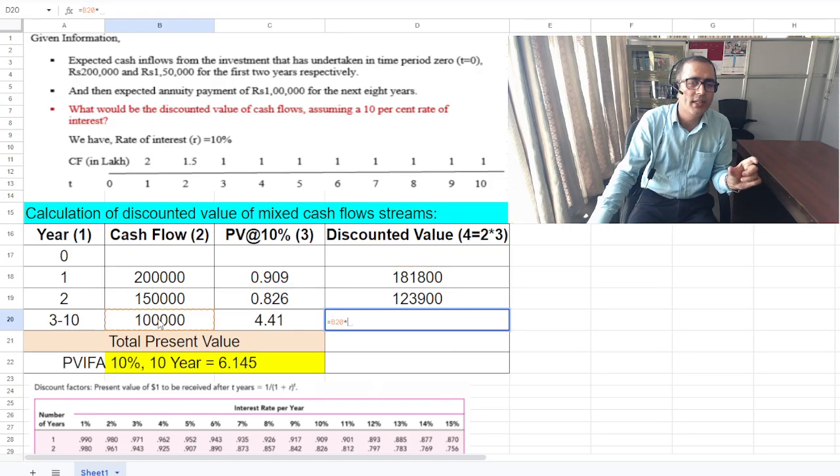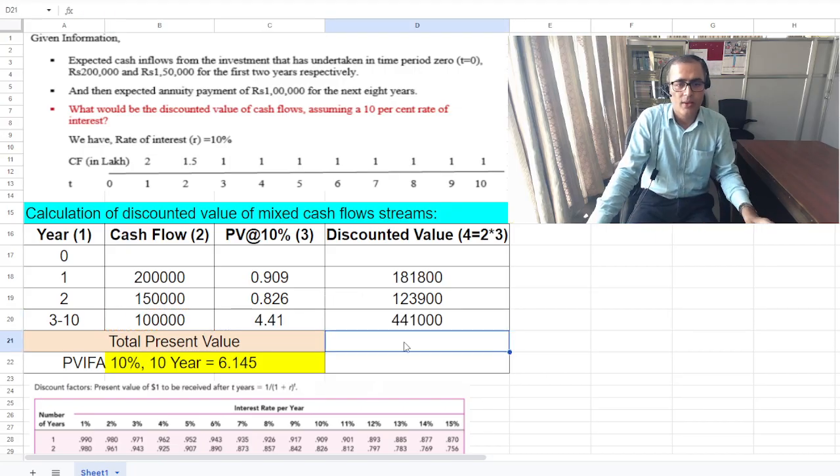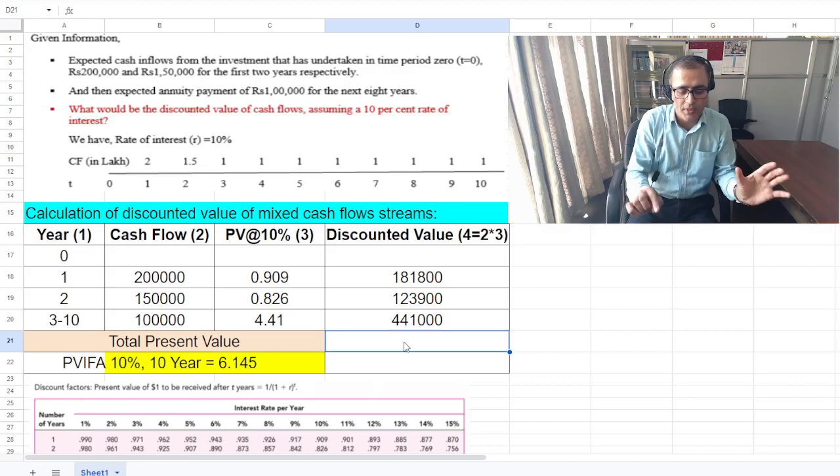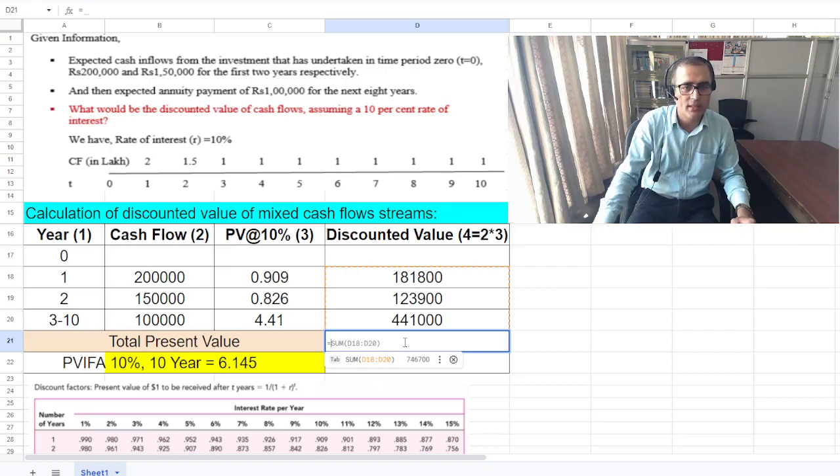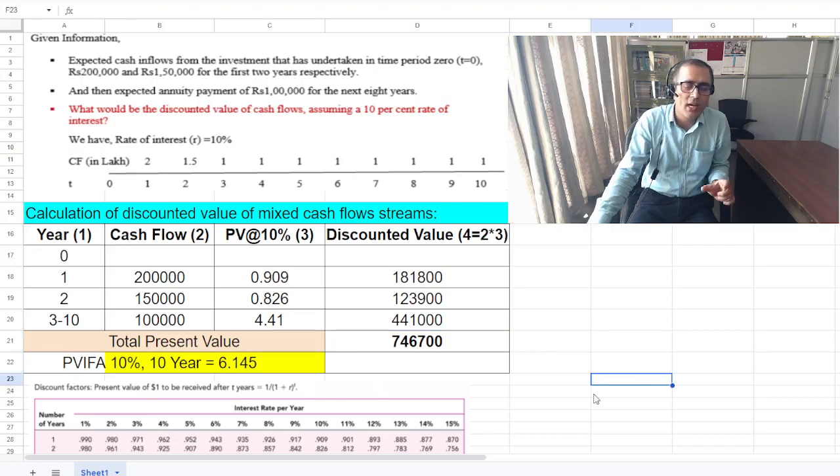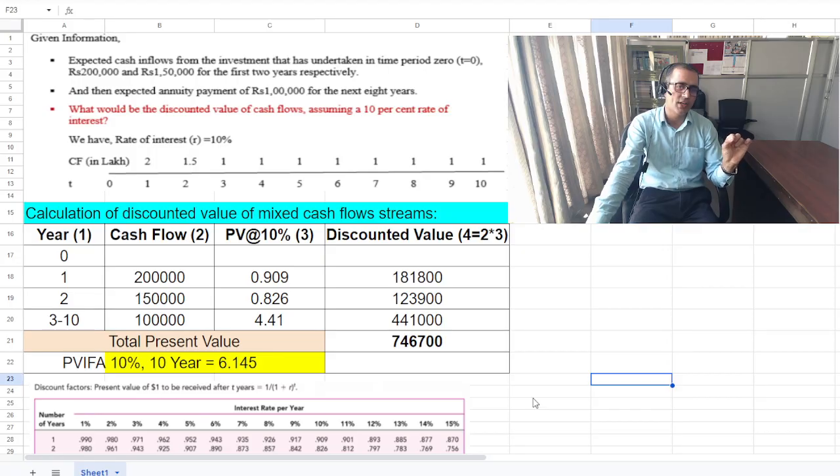You already calculated this factor. Then what about the total present value? The total discounted value is the sum of these. If you just add it, you will get the value, that is just 7,46,700 friends.